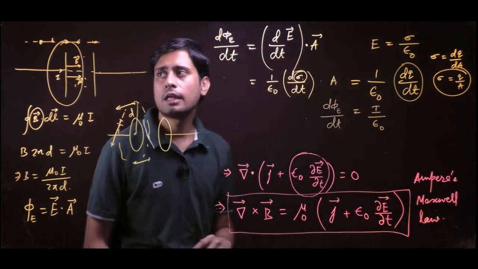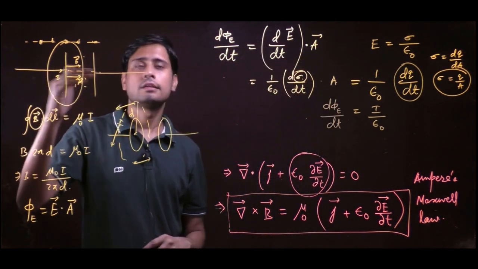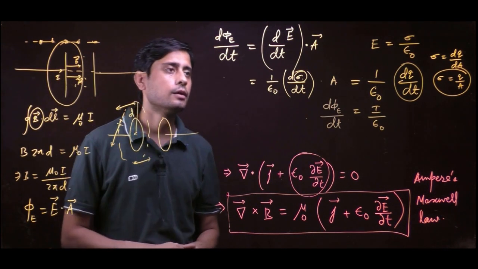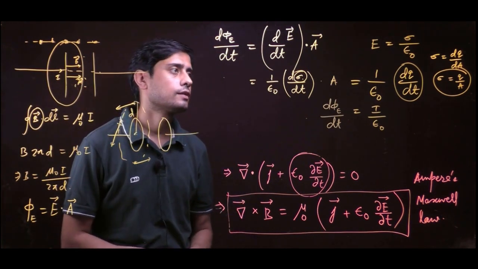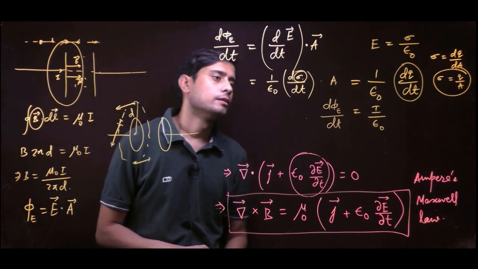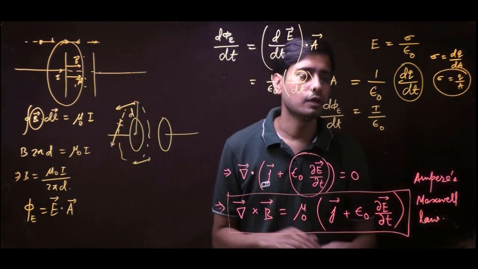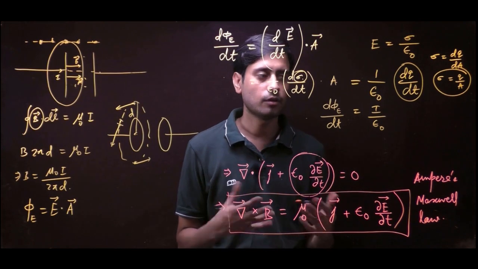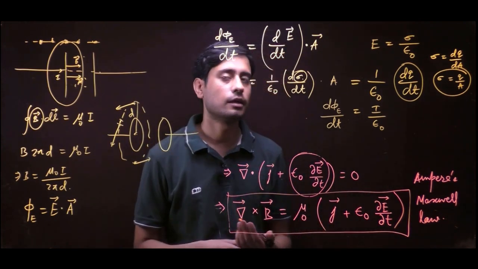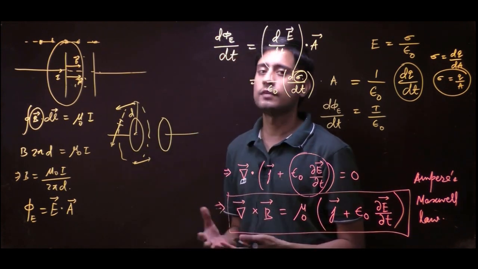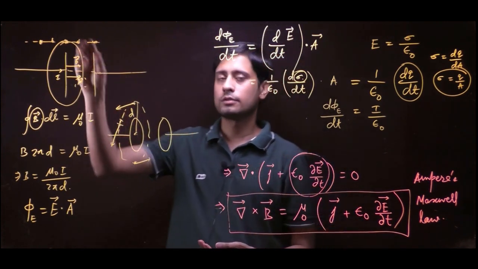So although there is no flow of charge there, the charge density at the ends is changing, the electric fields are changing, and this gives you some kind of current. It's not a current, but it gives you the effect of current, that is, the production of magnetic field.